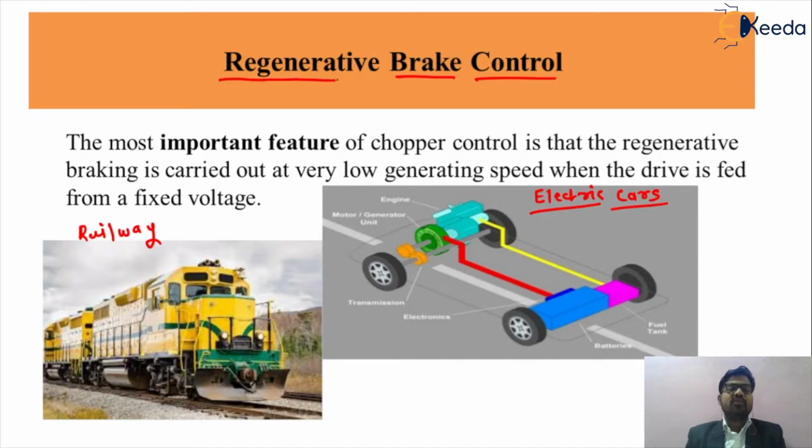That brake control is called regenerative braking, because in day-to-day life, friends, we are using such regenerative braking. And as we know, today is the era of automation. So most of the time in the automation field, we prefer such regenerative braking. The name itself indicates its meaning.